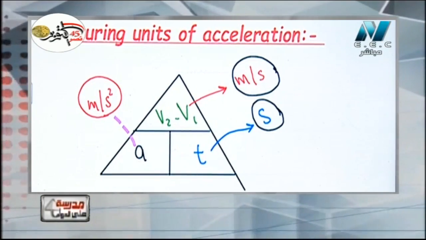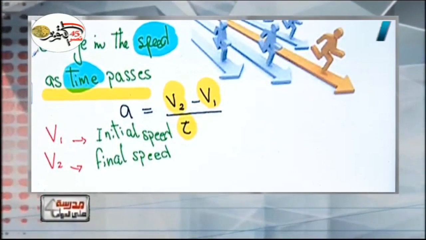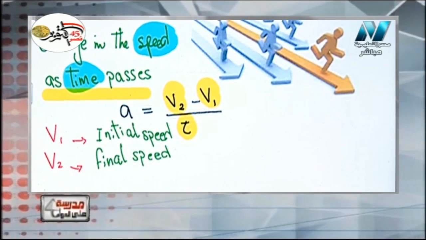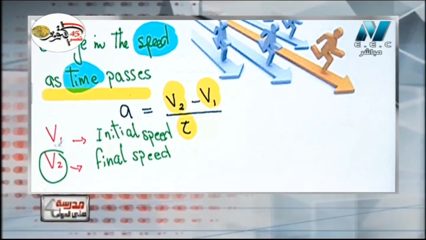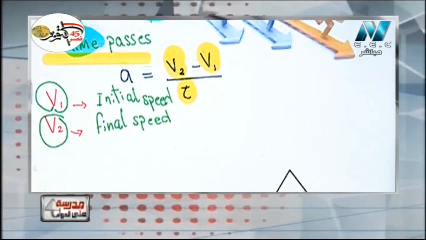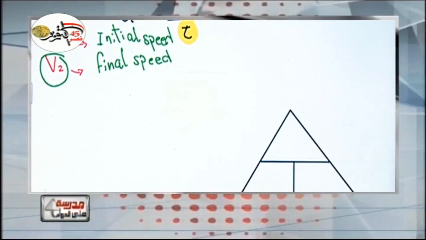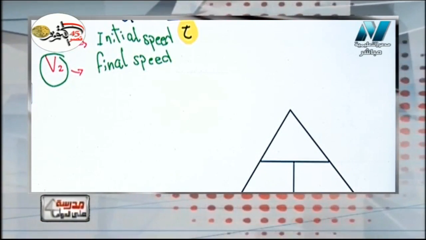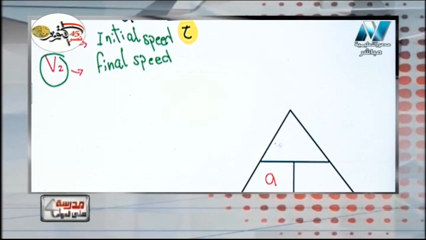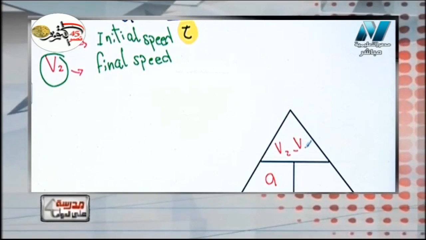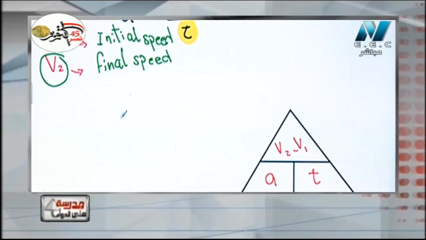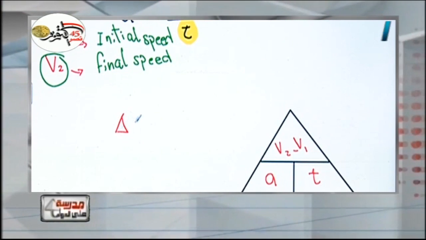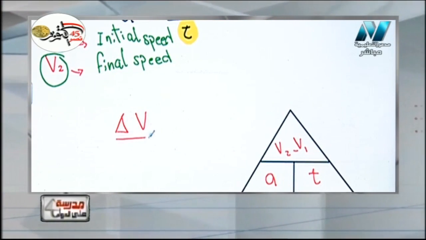We know from the previous slide that we have final speed as V2 and initial speed as V1. From the mathematical law, we can represent acceleration as V2 minus V1 over T, or delta V over delta T, where delta means difference.